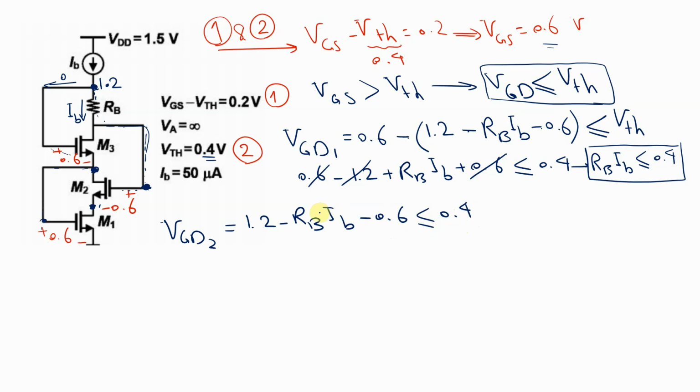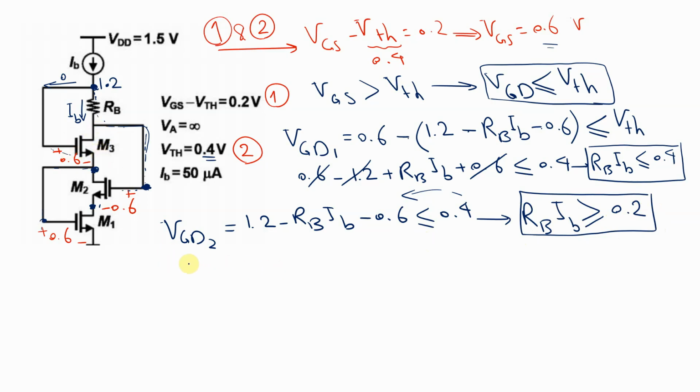You can transfer RAB IAB to the right-hand side to make it positive. So RAB IAB is going to be greater than or equal to 1.2 minus 0.6, which is 0.6, and by transferring this 0.4 over, 0.6 minus 0.4 is 0.2. So this is the second condition to consider.